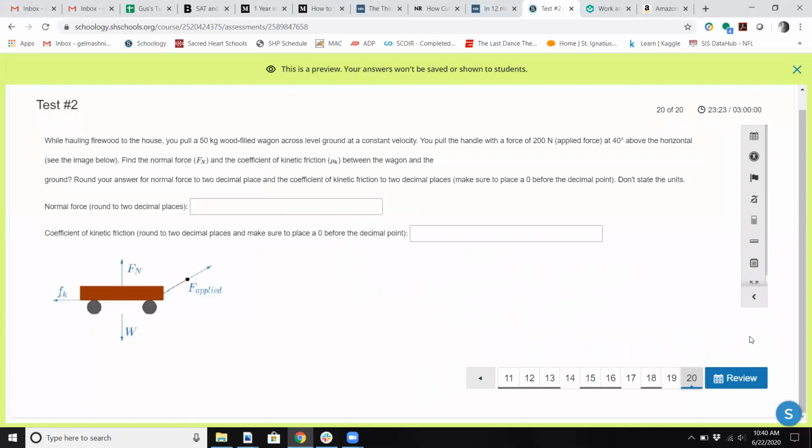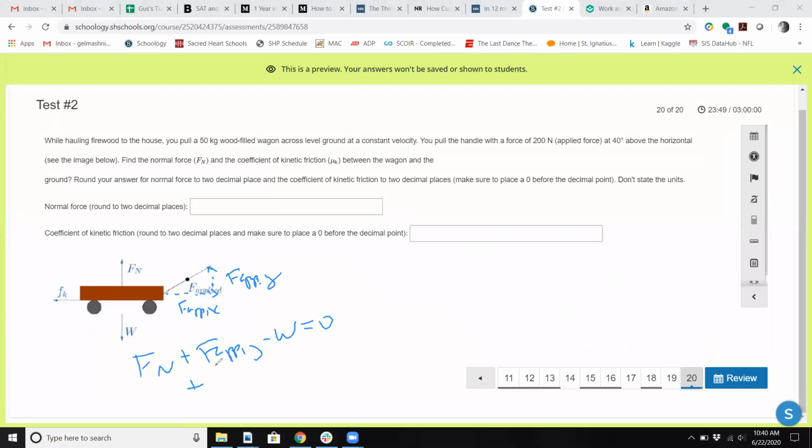This one was just straight from the notes. I just changed numbers around. So remember, that's F app in the X direction, F app in the Y direction. We know that Fn plus F app Y minus W equals 0.